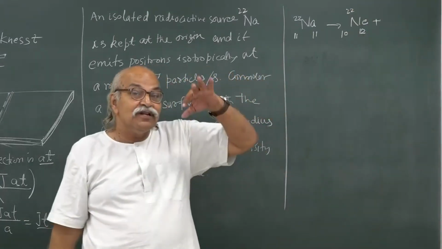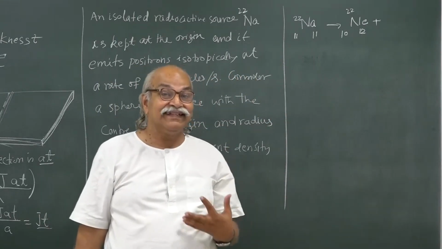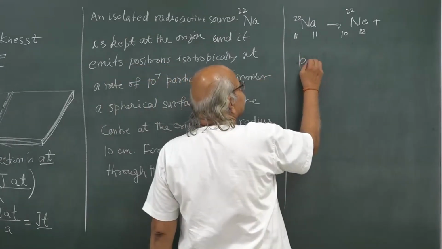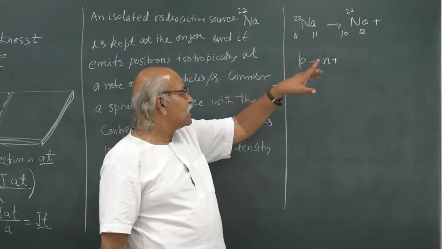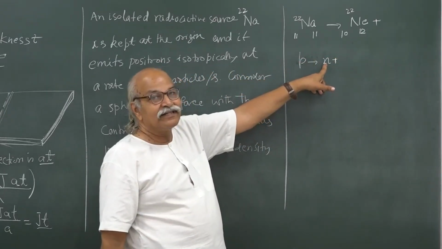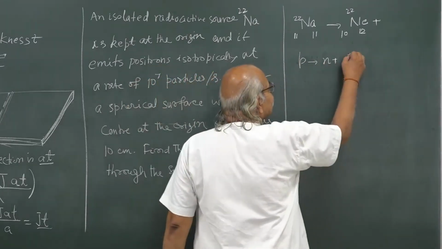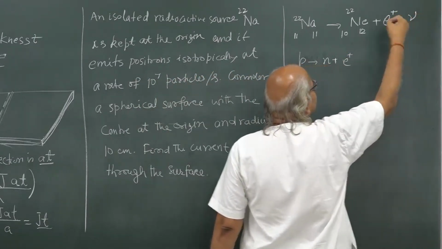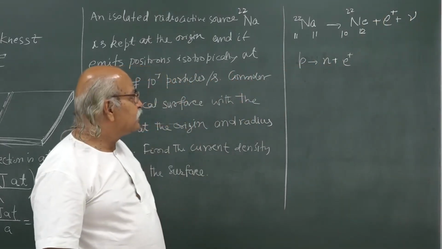So sodium will convert to neon, and that is called beta plus decay, because a proton has converted into a neutron. Therefore, for charge conservation, you have positive charge here and neutral here, so a positron is emitted, and of course some neutrino, that is another thing. So this is the condition.